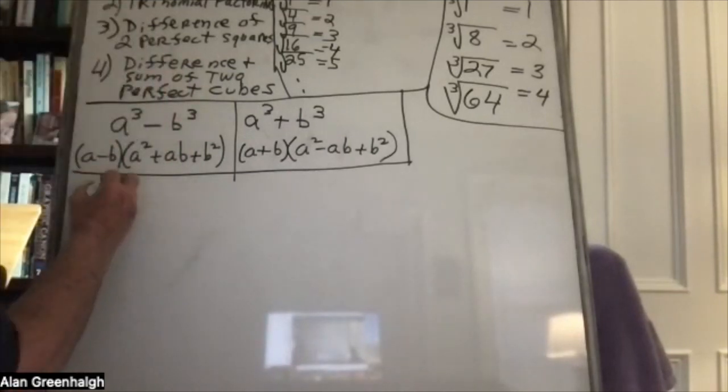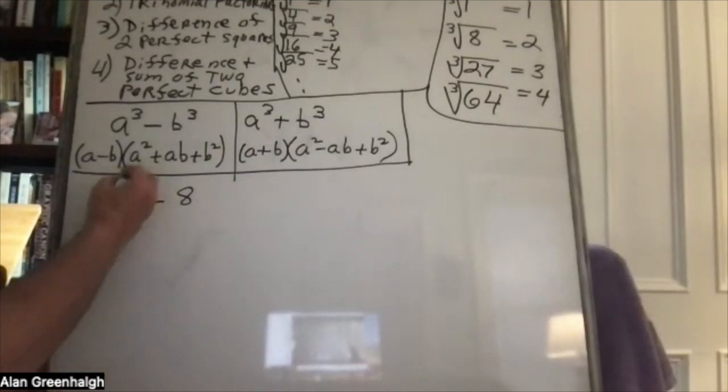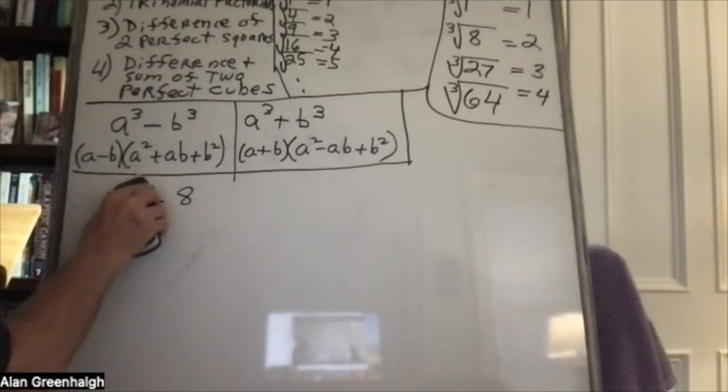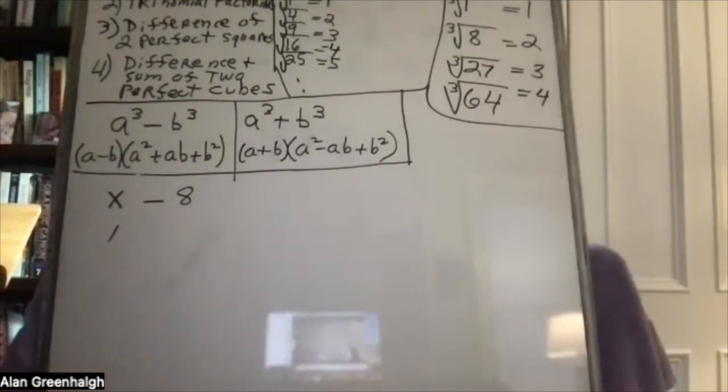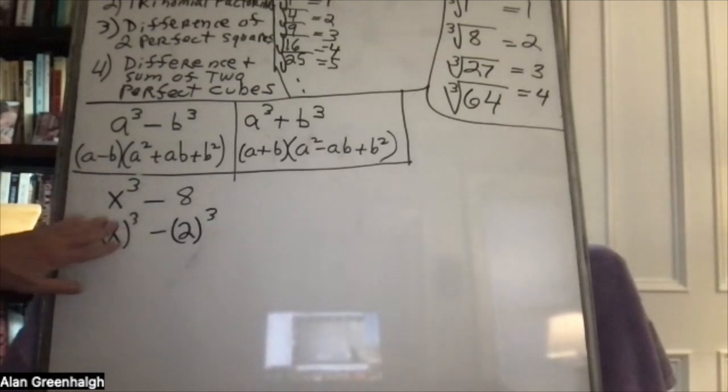Let's take an example. X cubed minus 8. Well, follow this very carefully. Excuse me, not x to the second, x to the third, right? We're talking about cubes now, not squares. Okay, so this would be x to the third minus 2 to the third. Right? That's what we're doing here.